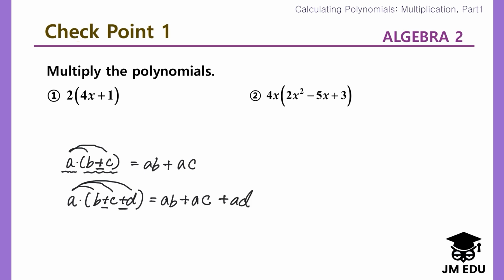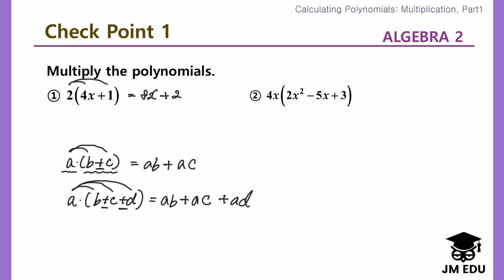So let's try number 1. We have monomial 2 and binomial 4x plus 1. So 2 times 4x, that's 8x. 2 times 1, that's plus 2, right?